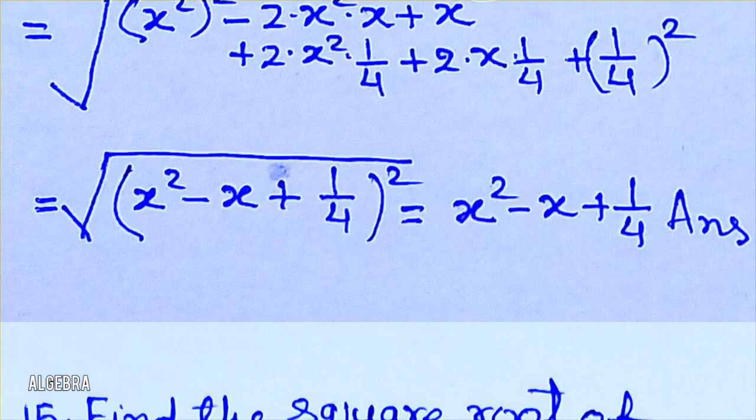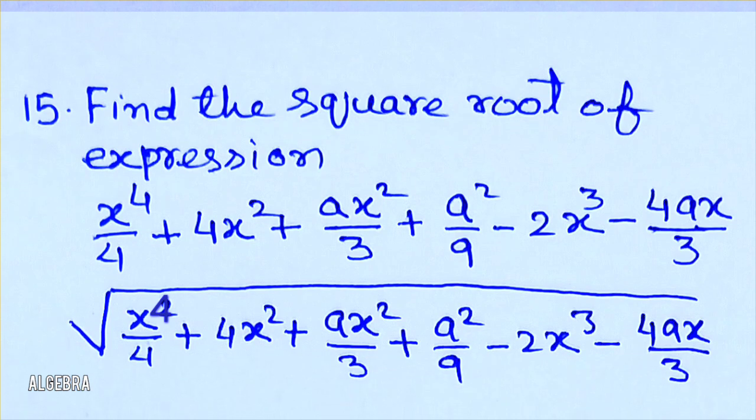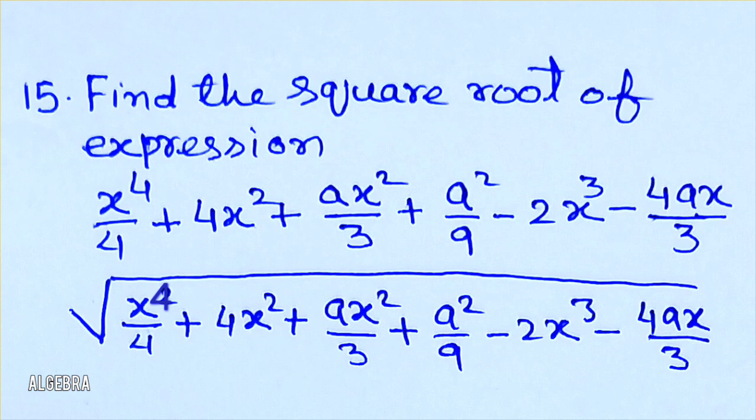Answer. 15. Find the square root of the expression x^4/4 + 4x^2 + ax^2/3 + a^2/9 - 2x^3 - 4ax/3.